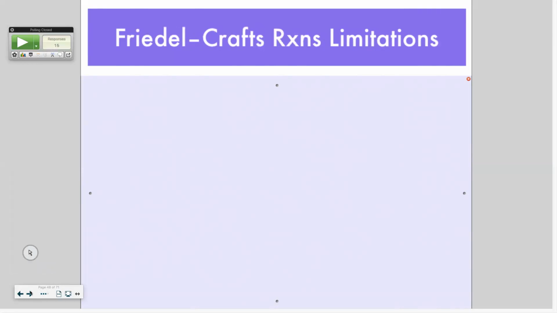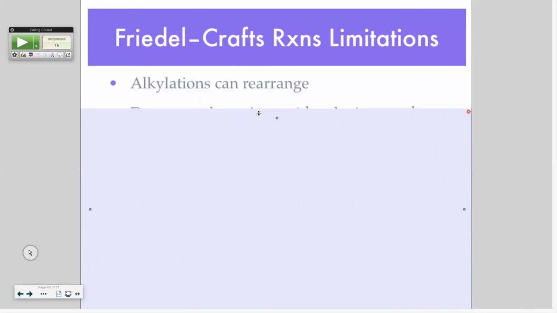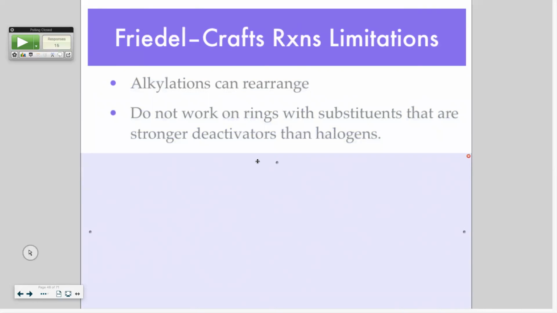Okay, now there are some issues with some of the reactions. So I have successfully avoided them. All right. Friedel-Crafts reactions. Remember that alkylations can rearrange, and we talked a lot about that one already. They do not work on rings with substituents that are stronger deactivators than halogens.